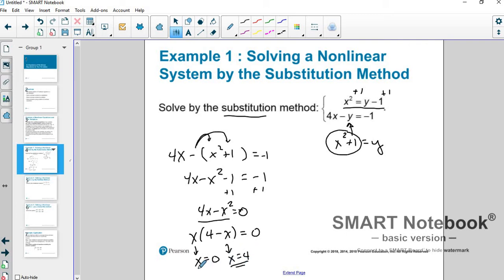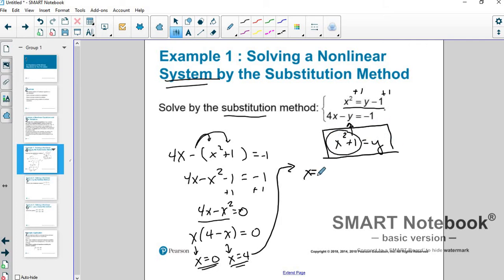So I get two values of x, but remember we're solving a system of equations. Systems don't have answers like x equals 0. What do system answers look like? They look like ordered pairs. And these are both x's, which means we need the y's that go with these x's. So we need to take both of these x values and substitute them in here to find y.